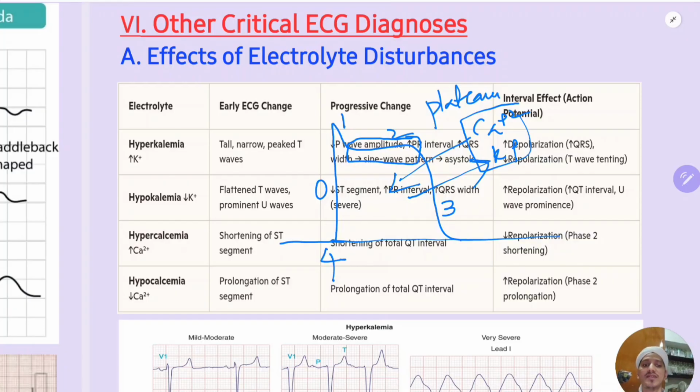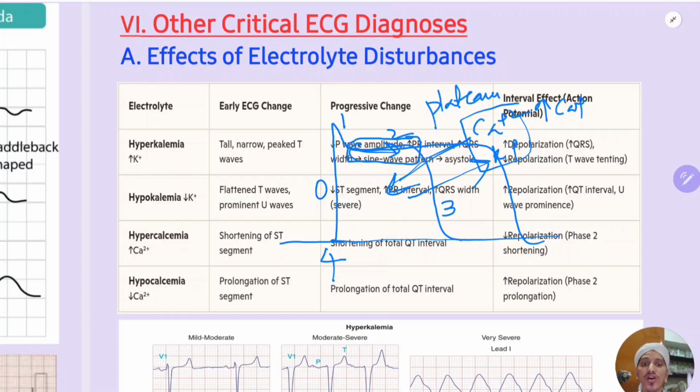So what happens when there is increased potassium? More and more calcium will enter the cell, so this plateau phase will prolong. What will happen when there is hypercalcemia? Sorry, I said it wrong.